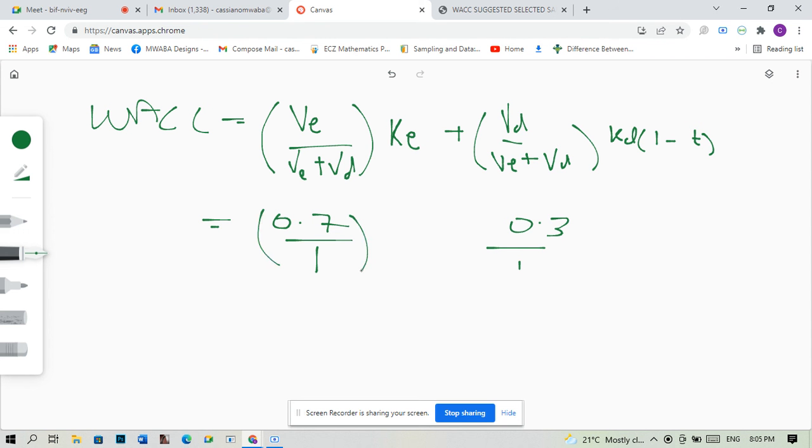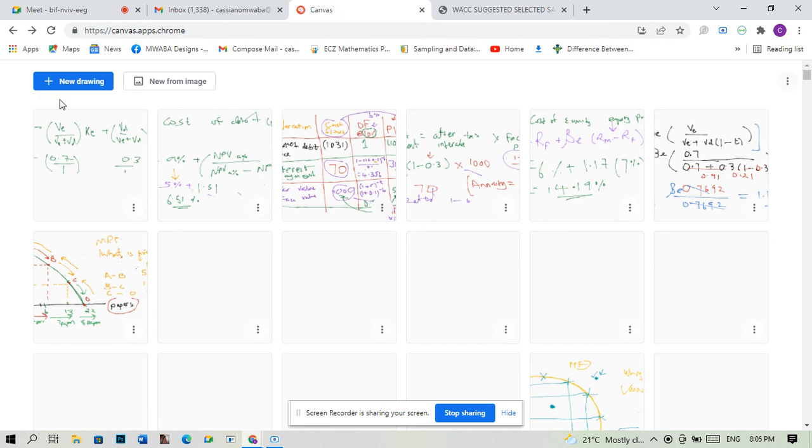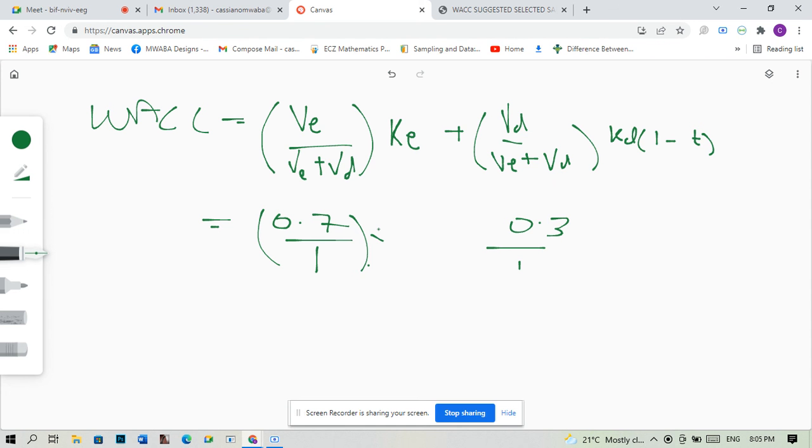Our cost of equity, what did you find as our cost of equity? Found 14, if I recall. Times 14% plus the cost of debt, which we found was 6.5%, times 6.5.